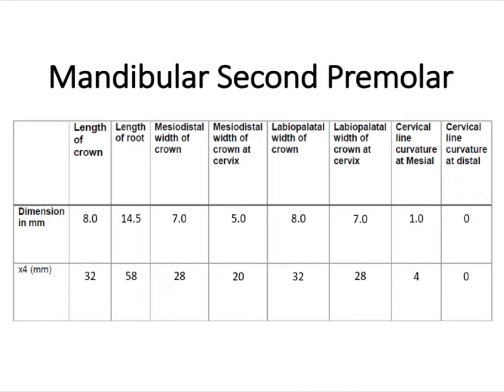Generally it is the largest premolar tooth, which has the most development in all aspects. This tooth will have 2 common forms, and we will see the most common, which has the 3 cusp type.